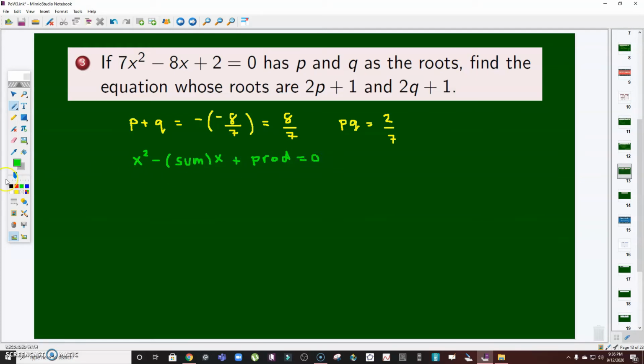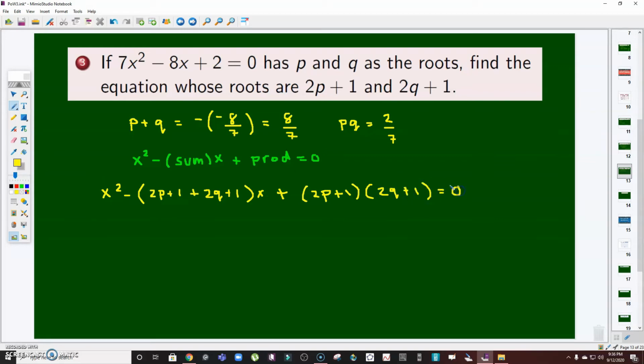Following this, I'm going to have x squared minus the sum of the roots. What are the roots? 2p plus 1, 2q plus 1. 2p plus 1 is one root, the other one is 2q plus 1, times x. There's always an x. Plus the product of the two roots. What is the product? So, 2p plus 1 times 2q plus 1.